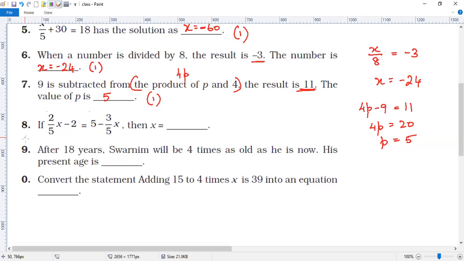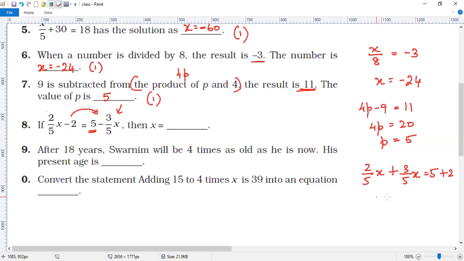Question number 8. 2 by 5x minus 2 is equal to 5 minus 3 by 5x. You have to find x. See, I have a 3 by 5x this side. When I take it to the other side, I'll get plus 3 by 5x is equal to, here I already have a 5. And this minus 2, if I take it to the other side, it becomes plus 2.